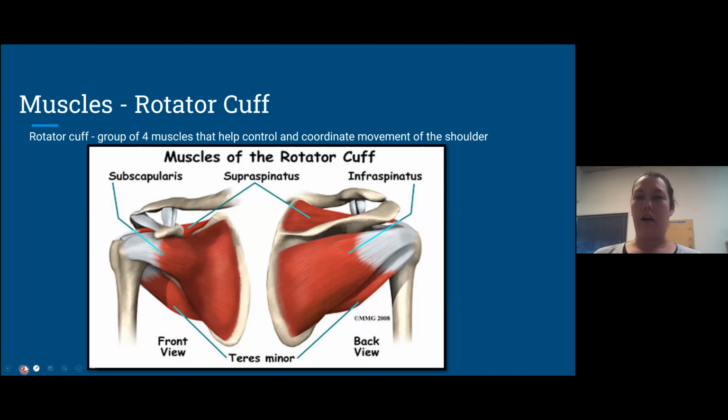So let's first talk about the muscles, and more specifically, the rotator cuff. The picture below is going to show you a front and a back view of the rotator cuff muscles. As you can see here, the rotator cuff muscles originate on the scapula, and then they insert or attach onto the humerus right here.